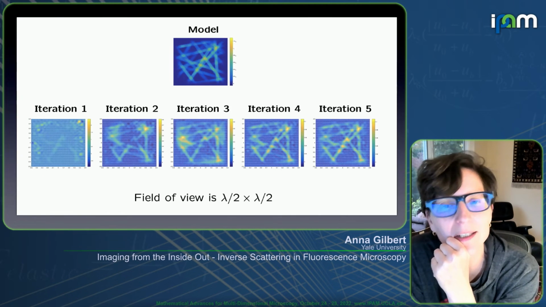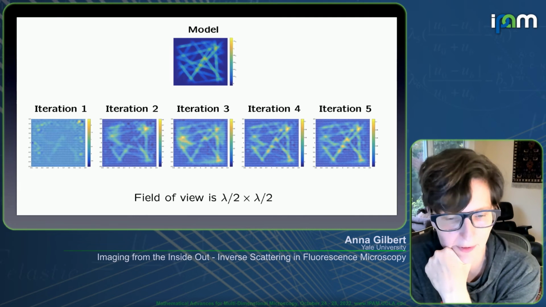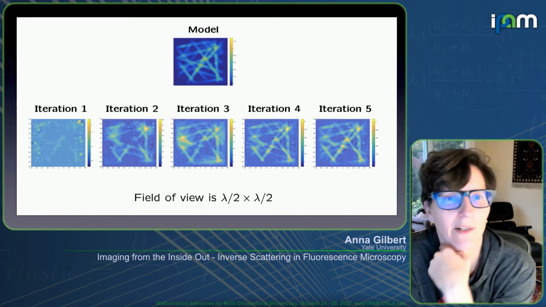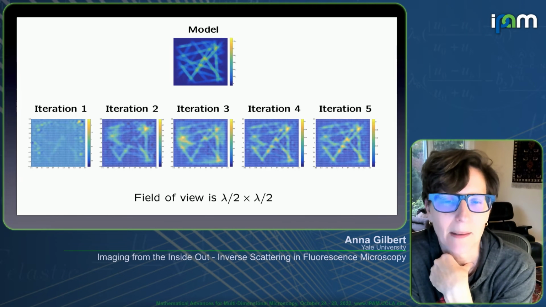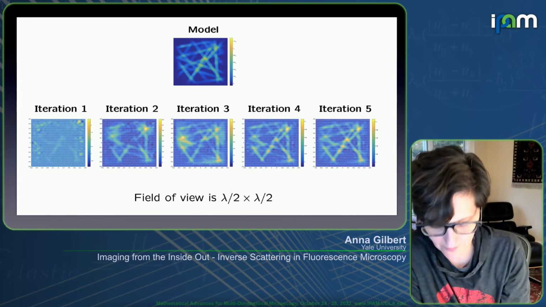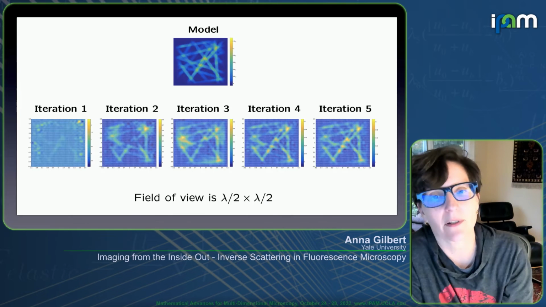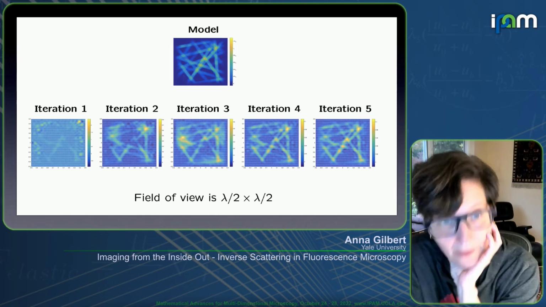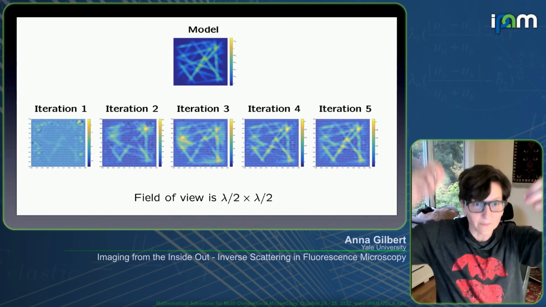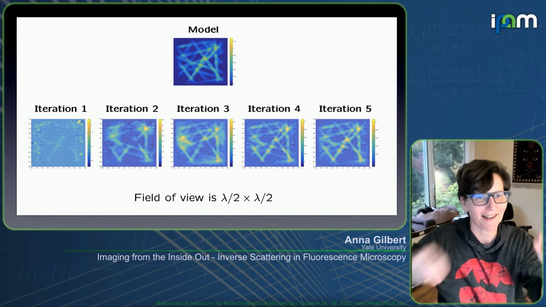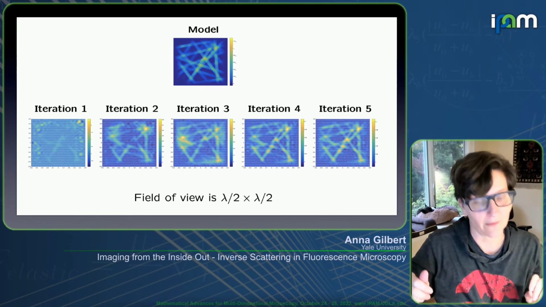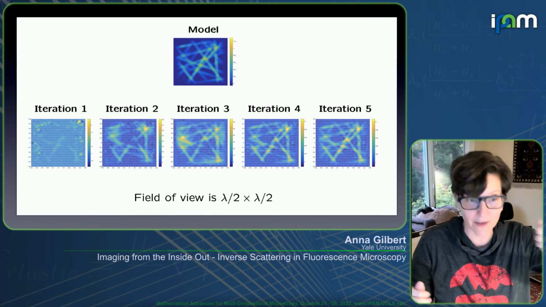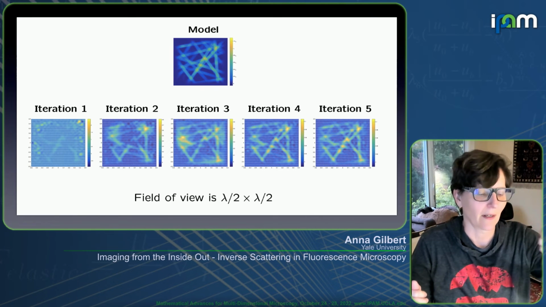So, okay, here is an example reconstruction. We've got a bunch of things that look like straws to me. We place 1,000 sources randomly distributed throughout this medium. And then we do this alternating reconstruction where, with a guess of where the sources are, we reconstruct the medium.